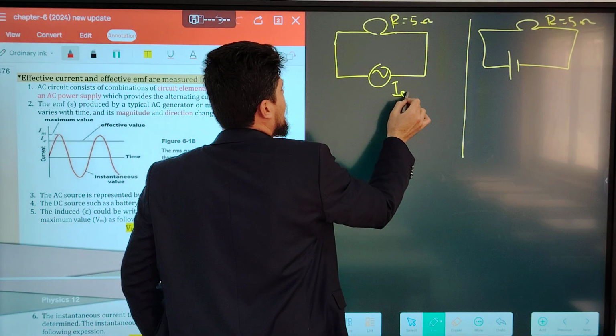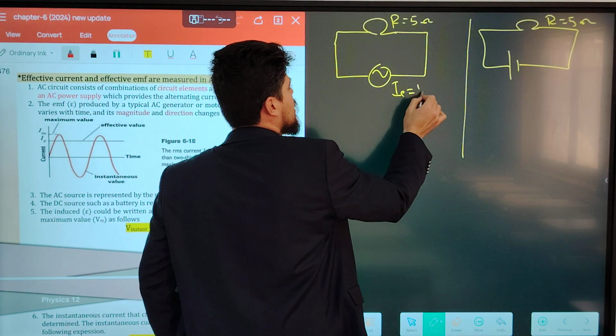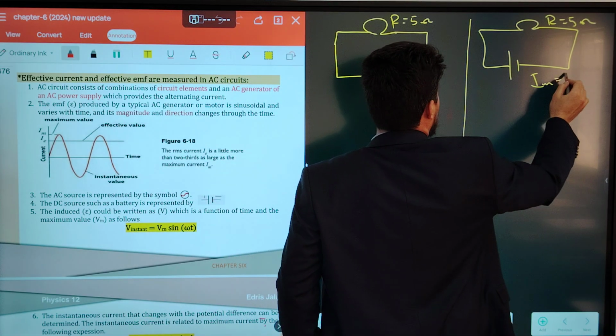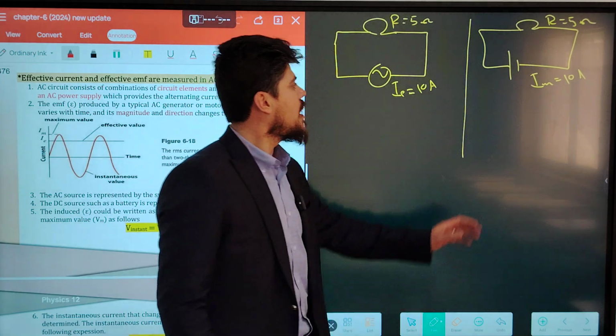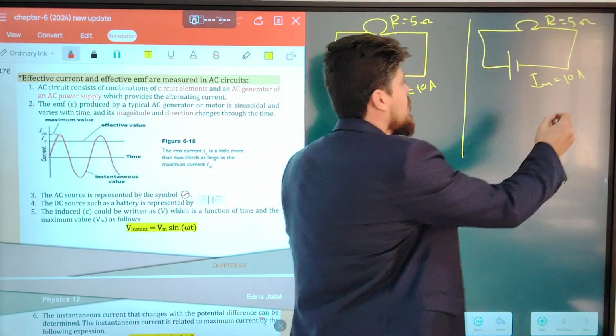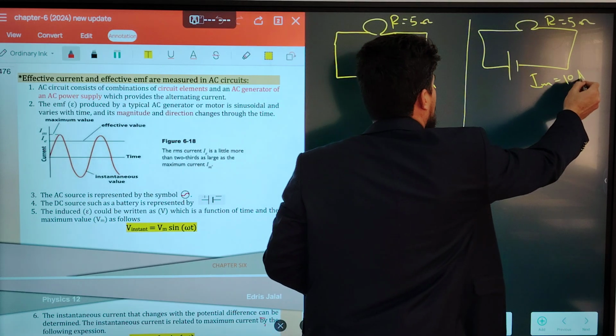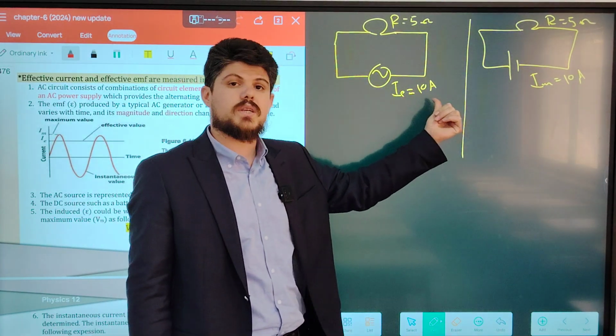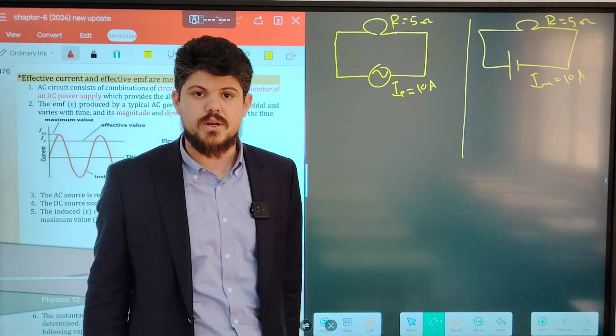If the effective current of this AC source is equal to 10 ampere and the maximum current in DC is equal to 10 ampere, how many currents do we have? 2. Maximum current in DC 10 ampere and effective current of AC. This is not maximum, this is effective. Effective current of AC is 10 ampere.